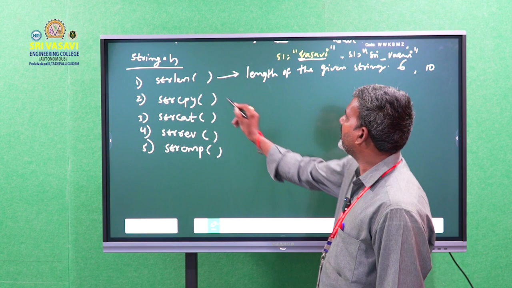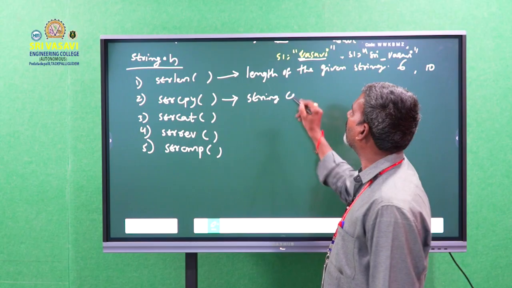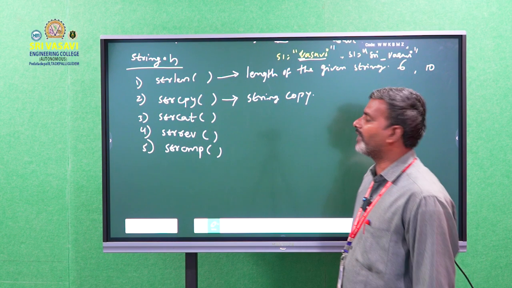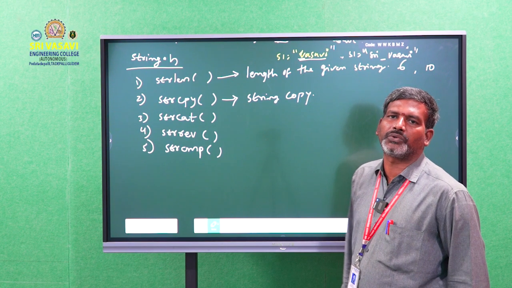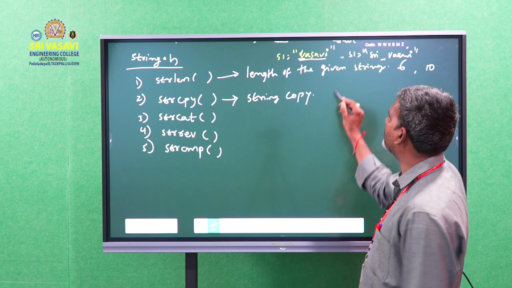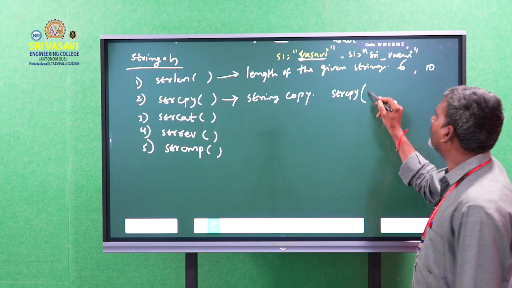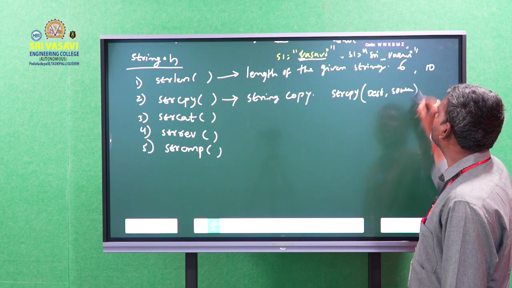And then strcpy, this is nothing but a string copy. The purpose of strcpy is to copy from one string to another string. The syntax of strcpy is strcpy of destination comma source.